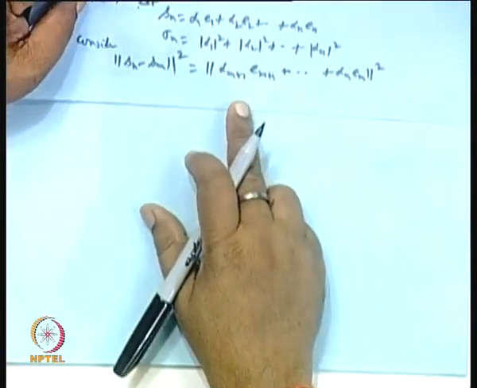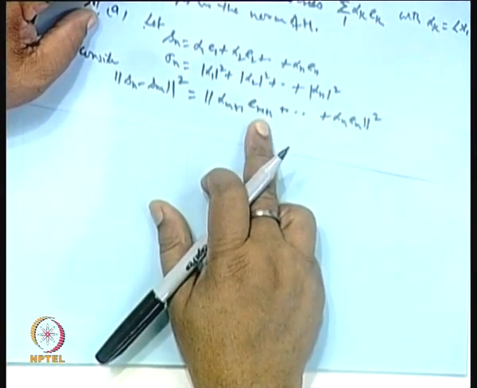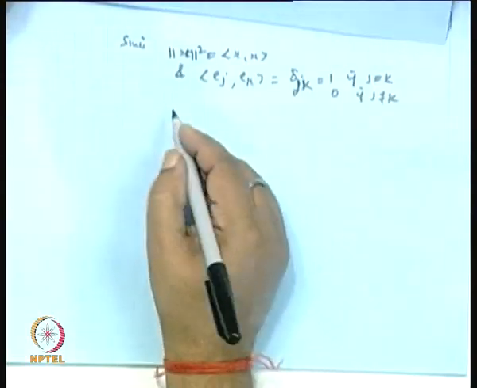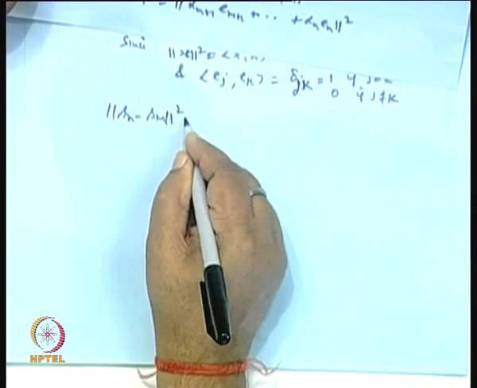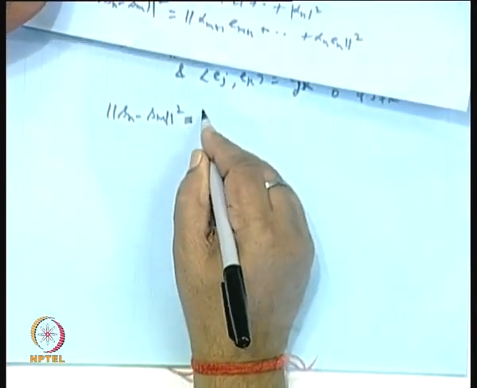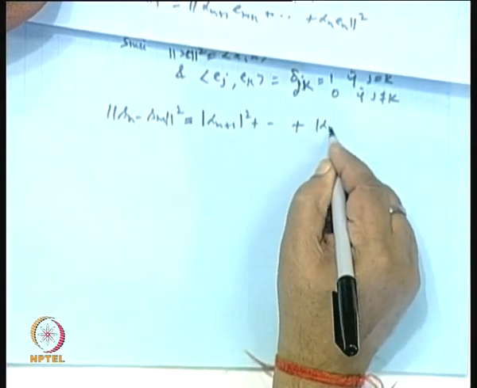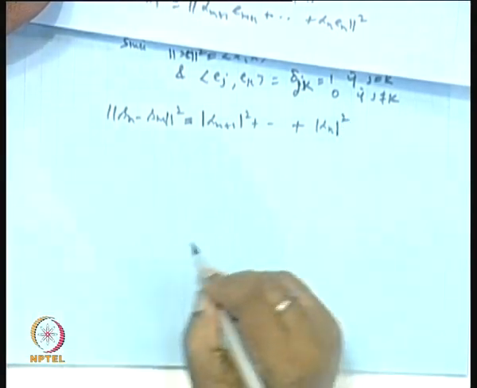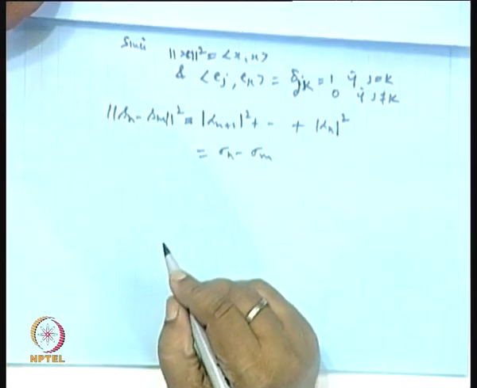So, if I open this part, what happens? e_{m+1} with the rest of the terms gives 0 except one. So, it will give the norm of S_n minus S_m whole squared as mod alpha_{m+1} squared up to mod alpha_n squared, and that is nothing but sigma_n minus sigma_m.